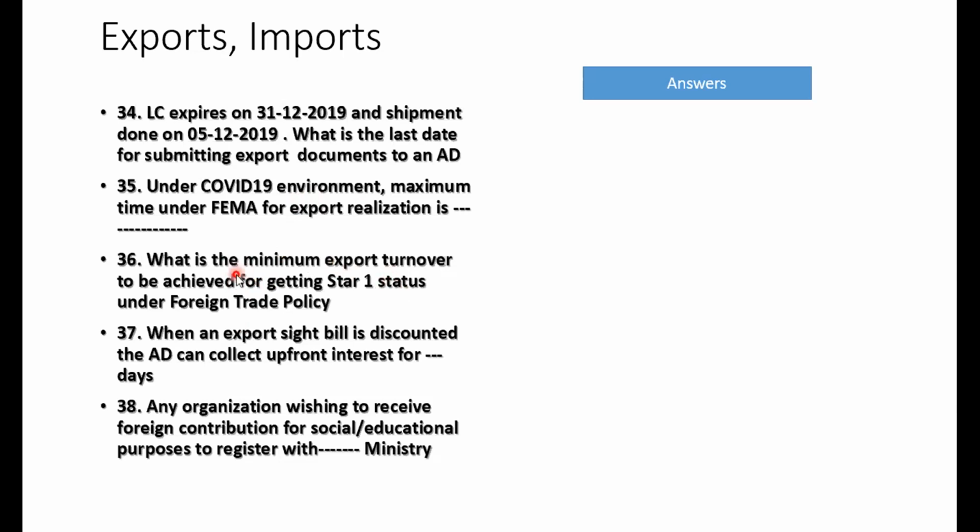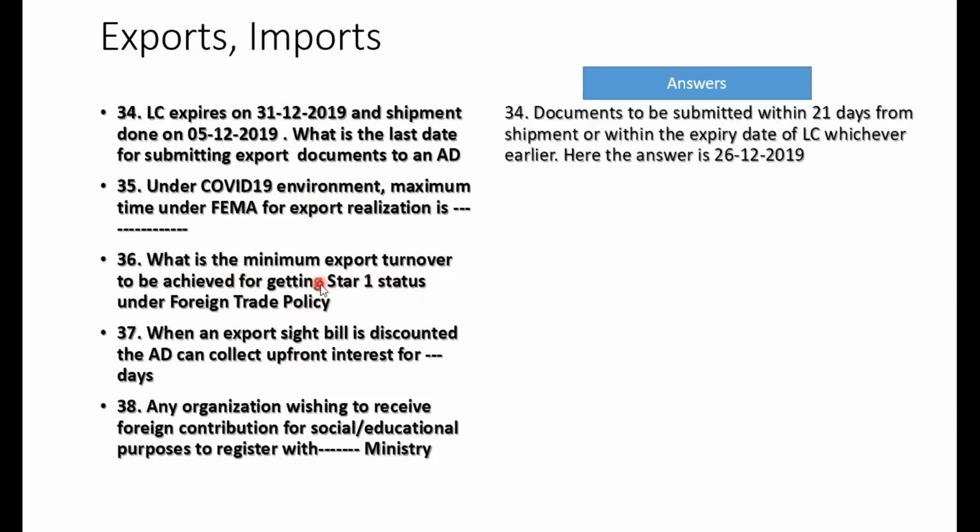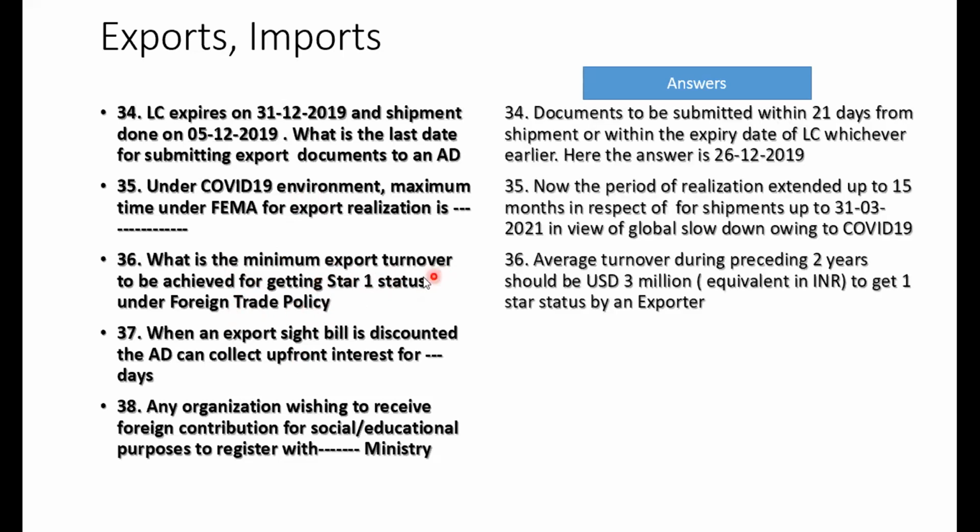What is the minimum export turnover to be achieved for getting 1 star status under the foreign trade policy? They will ask simple questions also. The answer is $20 million. Okay, sorry, $20 million is trade credit. Sometimes memorizing the data is a little difficult. There are 5 stars.